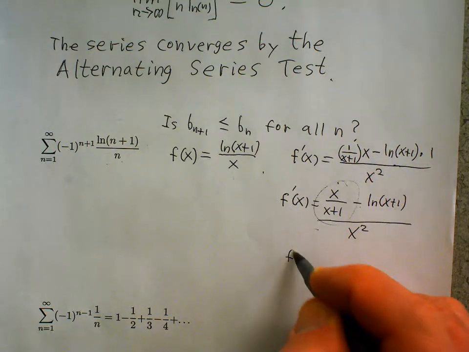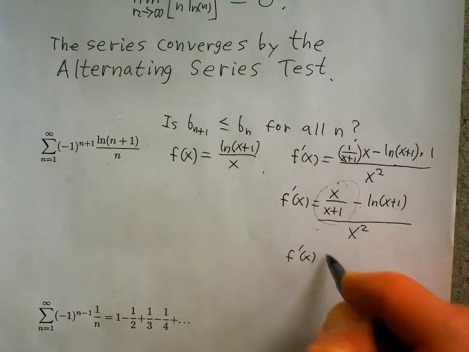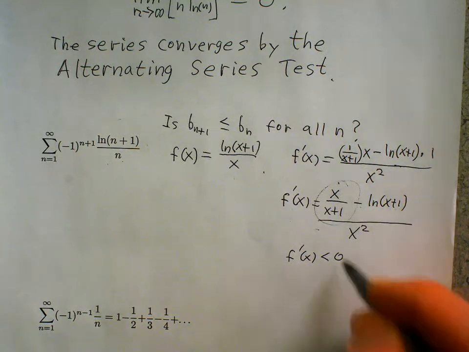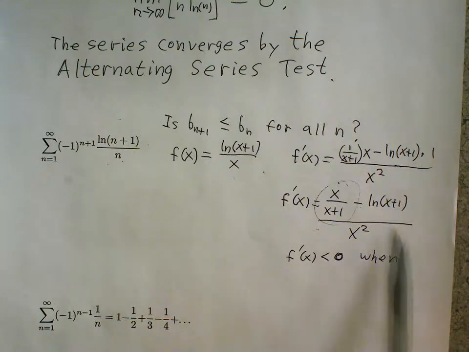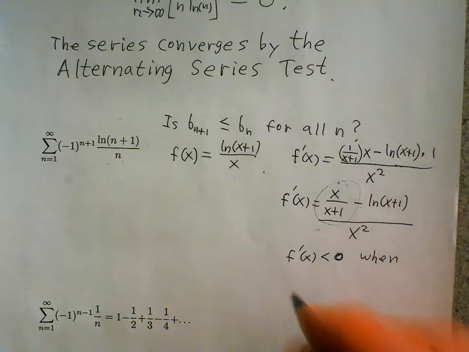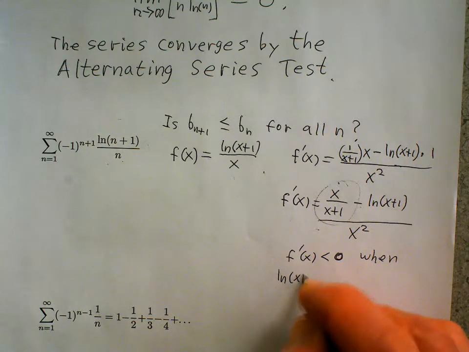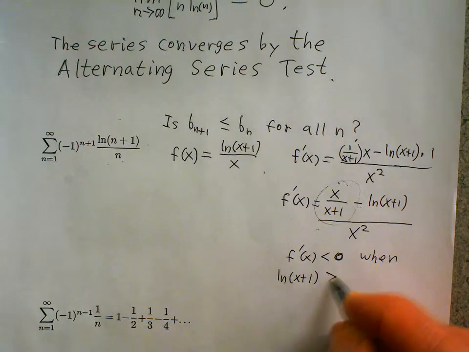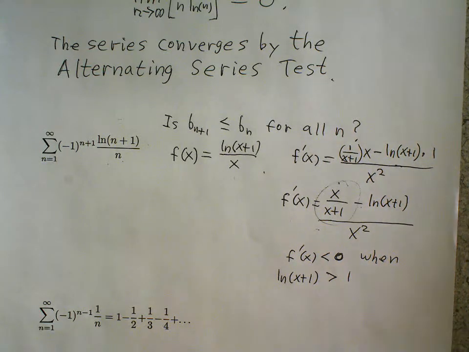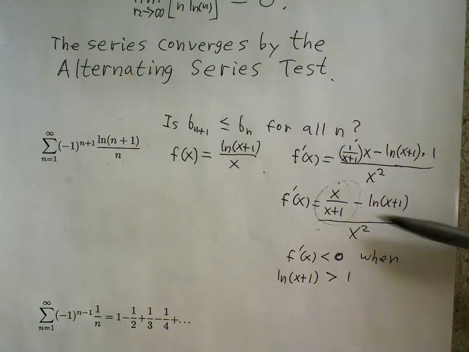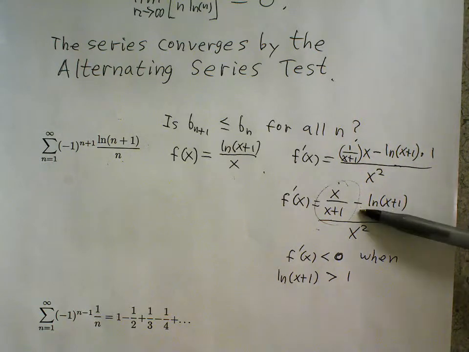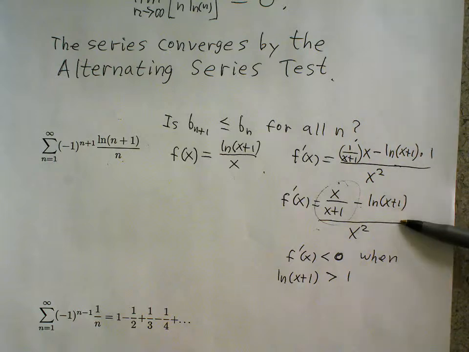And this derivative is negative when the natural log of x plus 1 is greater than 1. This term x over x plus 1 is always a little bit smaller than 1. And so in order for the derivative to be negative, the natural log of x plus 1 has to be greater than 1.